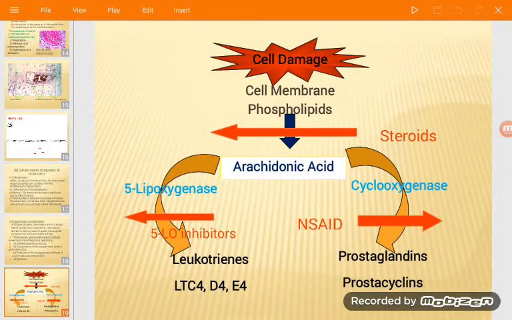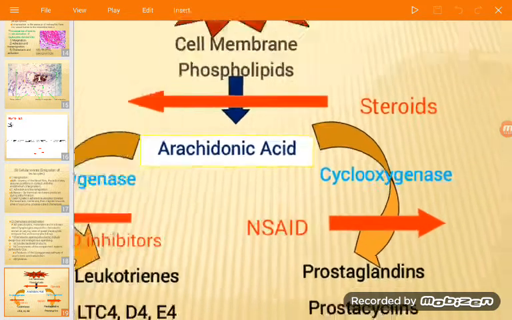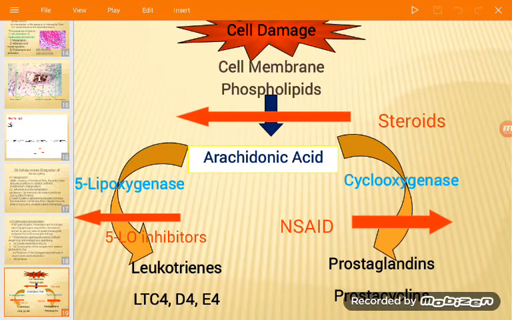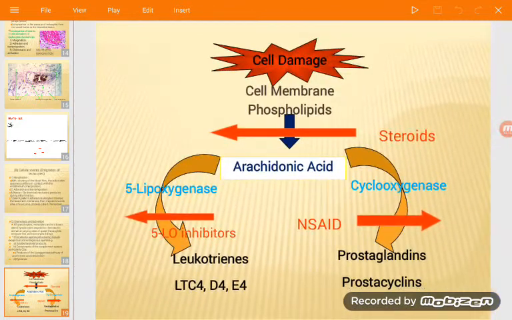If we use steroids, it prevents the formation of these inflammatory mediators, so it will take off the effect of inflammation. Cyclooxygenase can also be inhibited by non-steroidal anti-inflammatory drugs like aspirin or ibuprofen, and lipooxygenase can be inhibited by lipooxygenase inhibitors.